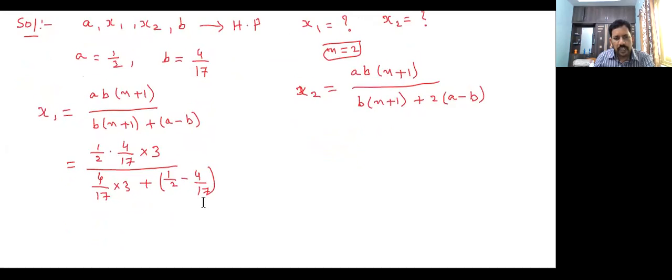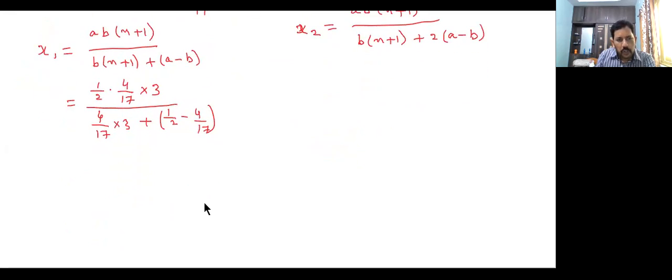Okay, so first I will find x1. In the numerator, 4 3s are 12 divided by 2 into 17. For the denominator also take the LCM, 2 into 17. Here only 17 is there, so we have to multiply with 2. 2 4s are 8, 8 3s are 24, plus here 17 minus 8.